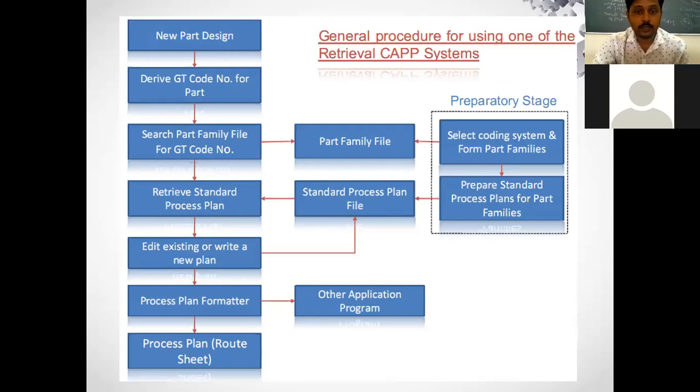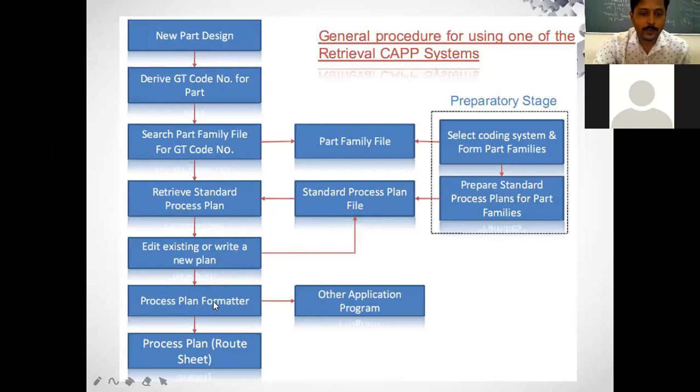I have shown you an example like that. There are certain standard process plan files. From those you retrieve the process plan. If needed, you edit the existing one and write a new plan. If you are writing or editing, then you have to store it in the database.